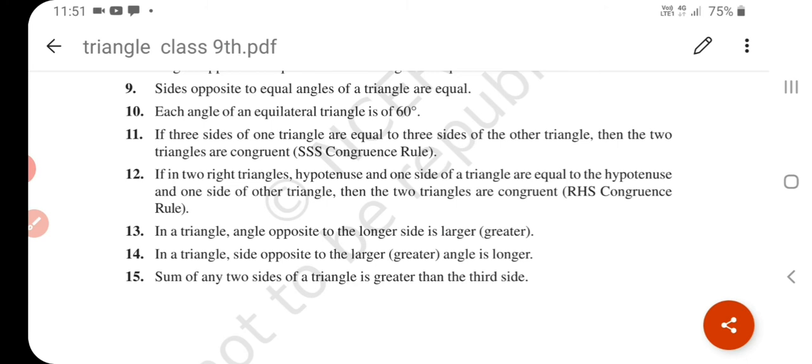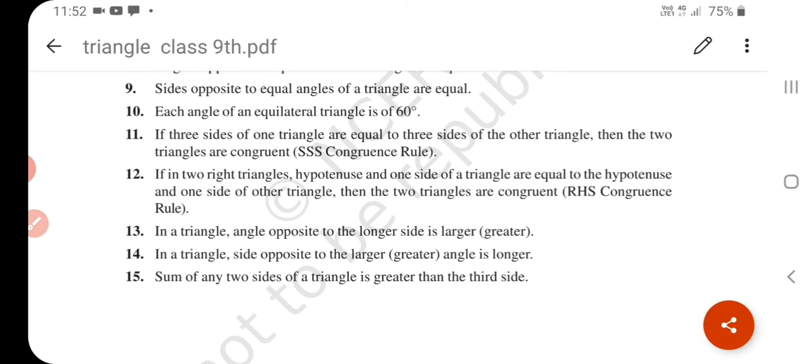So students, I will give you notes today, so you can write them down in your notebook. Okay, and I will also give you some multiple choice questions, because in the exam you always get multiple choice questions. Okay, so practice these questions also.